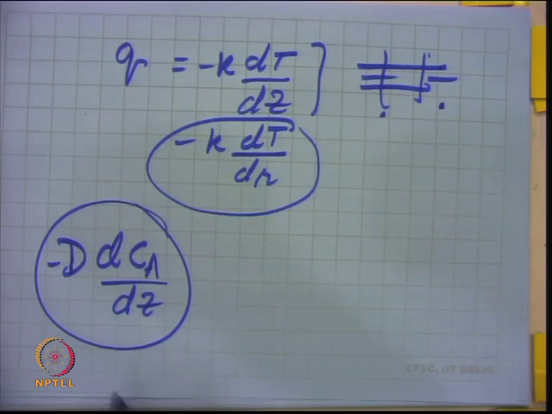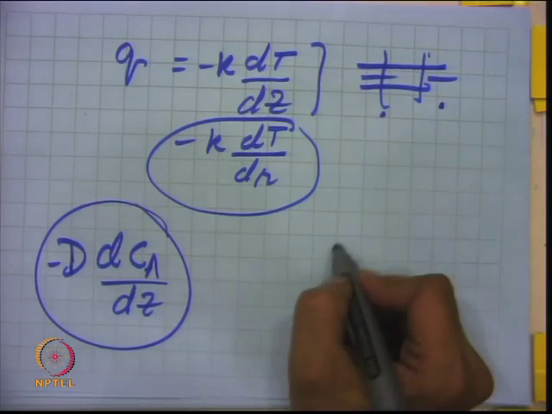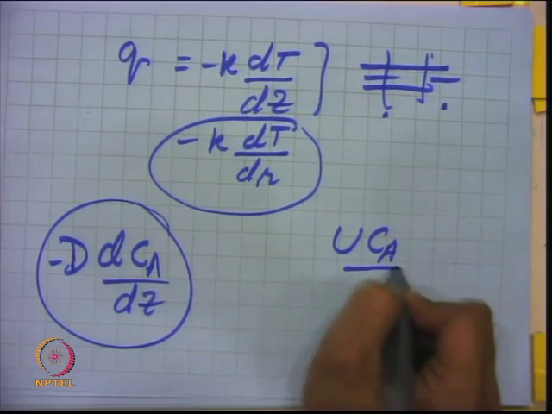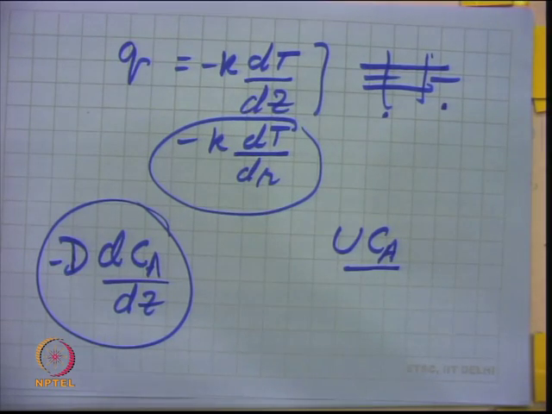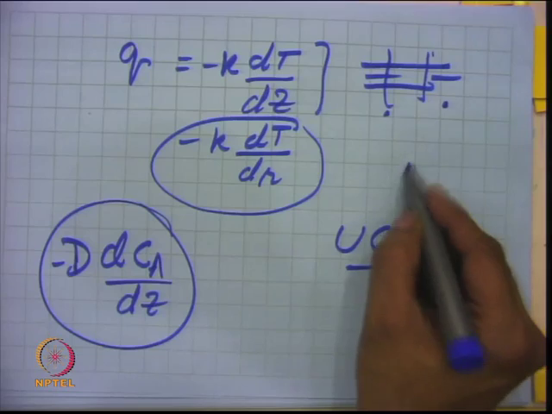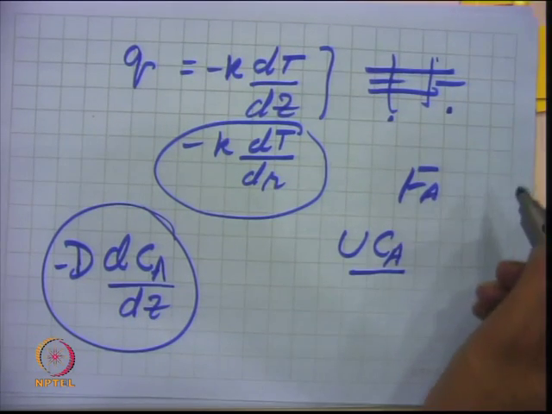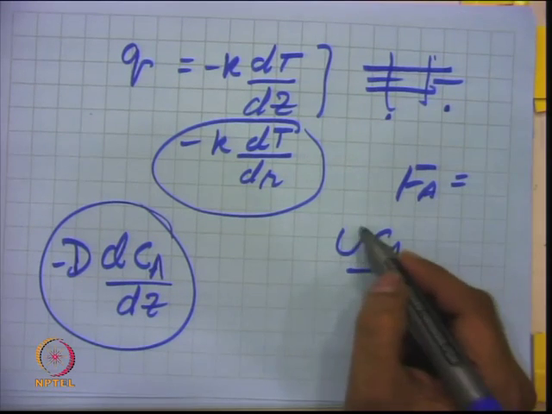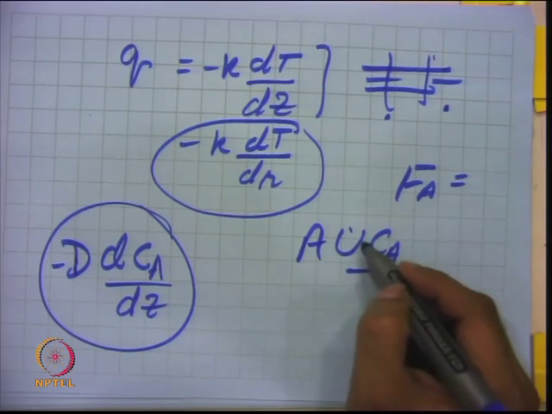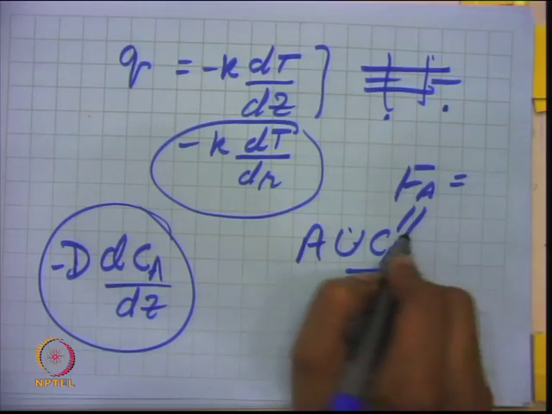The second is your convective term, which you generally write as u times CA in terms of flux, or F A, the total molar flow rate, which can be written as CA naught into volumetric flow rate. Basically this is the cross section area times u times CA. That is your convective term.